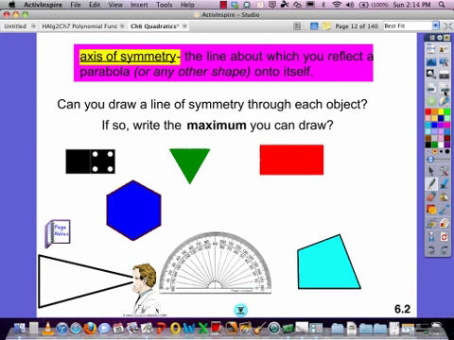We've got the rectangle, the triangle, the red rectangle, the domino, the hexagons, the protractor, the trapezoid, and the irregular trapezoid. Think about all those different looks and what happens on each in regards to symmetry.